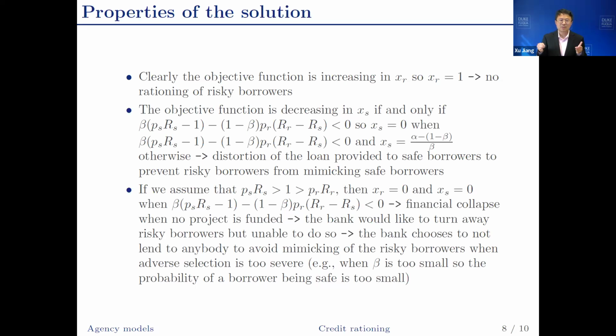And the reason is the bank wants to lend to safe borrowers because they have positive NPV projects. However, risky borrowers are going to mimic being safe borrowers. When beta is too small, the prior probability that the borrower is safe is too small, then the cost of trying to avoid risky borrowers from mimicking safe borrowers due to adverse selection is too large. The bank would choose not to lend to anybody.